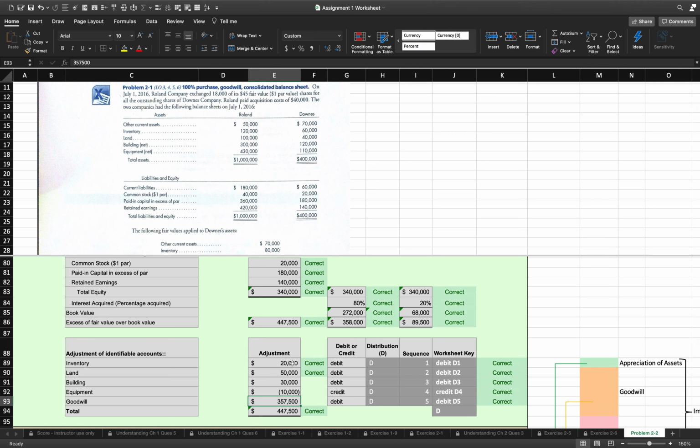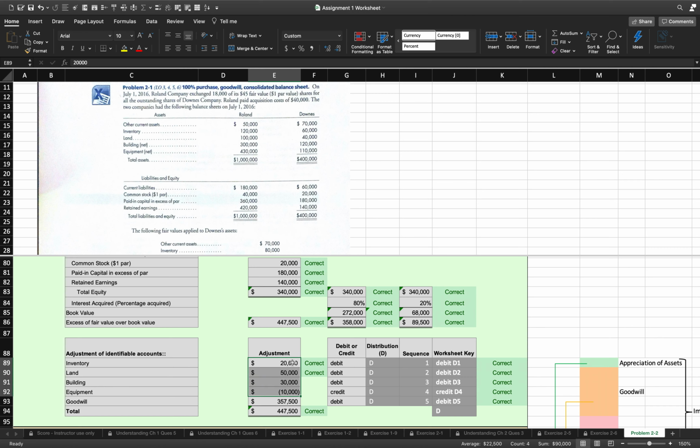Now we need to increase the value of the inventory or adjust the value of any asset here to see if we can come up with the actual 447,500 that was paid over and above the book value, because we need to give credit to where things have improved in value. All right. So out of the 447,500, we know 357,500 belongs to goodwill, and now we also can go back and determine the remainder of these items.